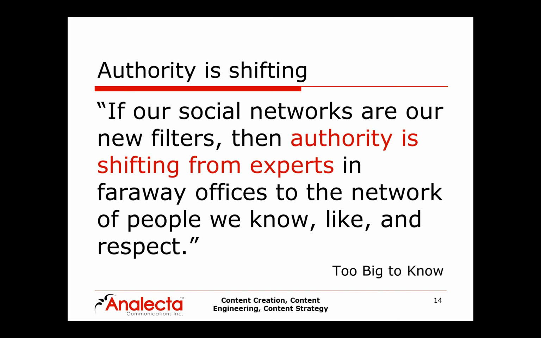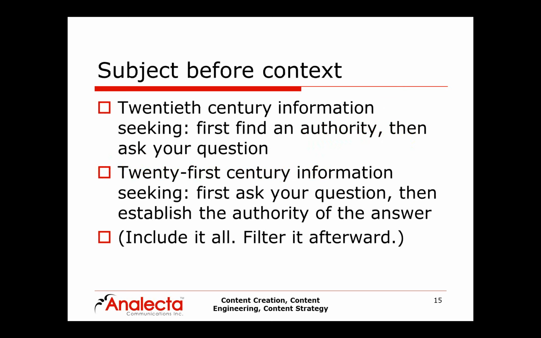So it's becoming far more common for people to seek out people who they know, who they like, who they respect, who they have something in common with, rather than to come to the expert. So another way of saying all this is that there's been an inversion of how people look for information.